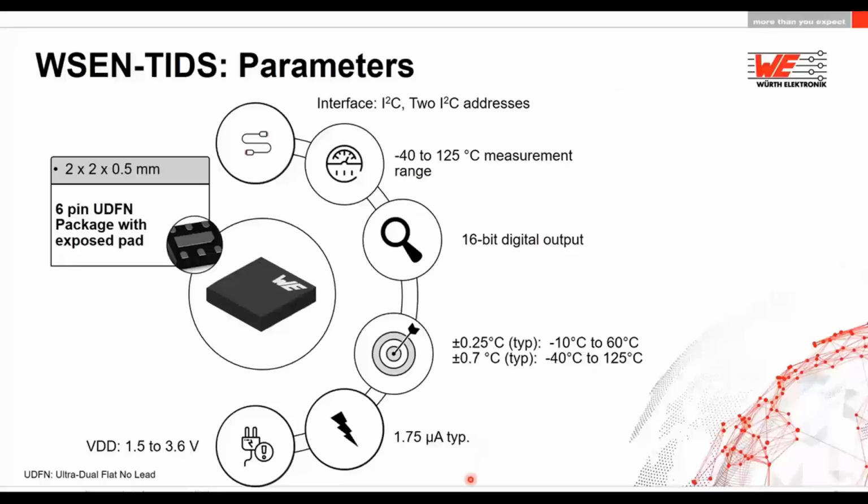As mentioned, this also has a very low current consumption and operates between 1.5 and 3.6 volts, so it is perfectly suitable for battery-operated devices. Also, it's a 6-pin SMD device that can be easily mounted on the PCB, and there is also an exposed pad at the bottom so that the temperature sensing with the environment has better connection.